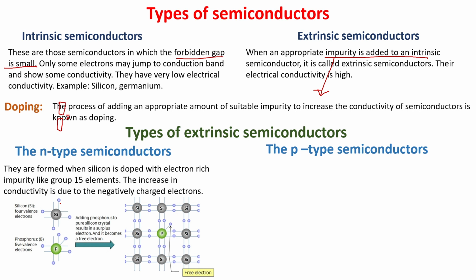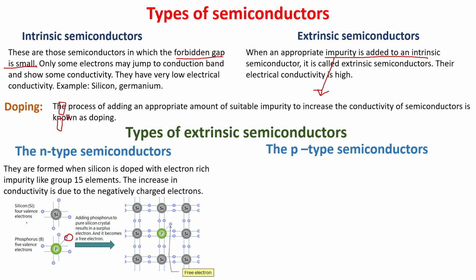Silicon contains 4 electrons in its outer band. So if you add an element from group 15 to the silicon, that will contain 5 electrons. So 1 electron is extra.